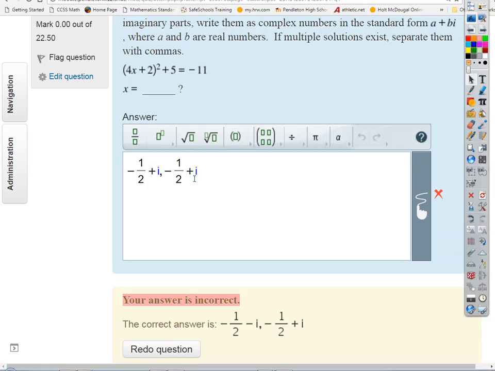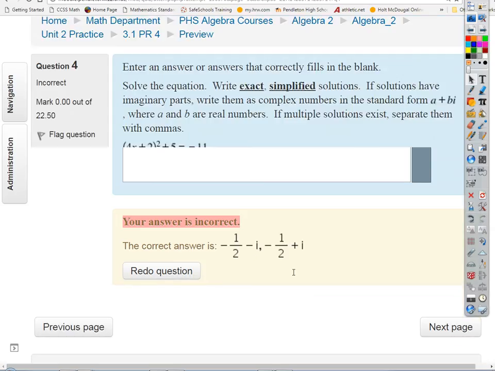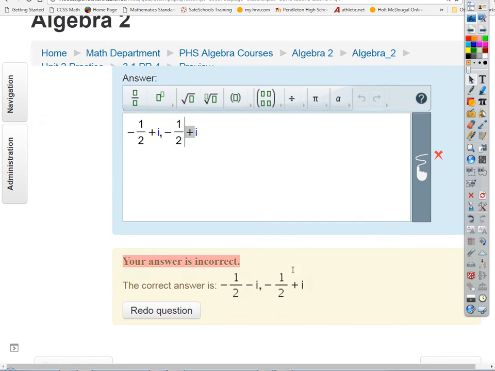Okay, my mistake. Obviously, I didn't type what I wrote, what I said. That was supposed to be a minus sign, right? And I typed it as plus both times, but it's supposed to be negative 1/2 plus or minus i, so that should have been a minus. And you can see that's what the answers were down here. So my careless error, but hopefully you see how to do it.